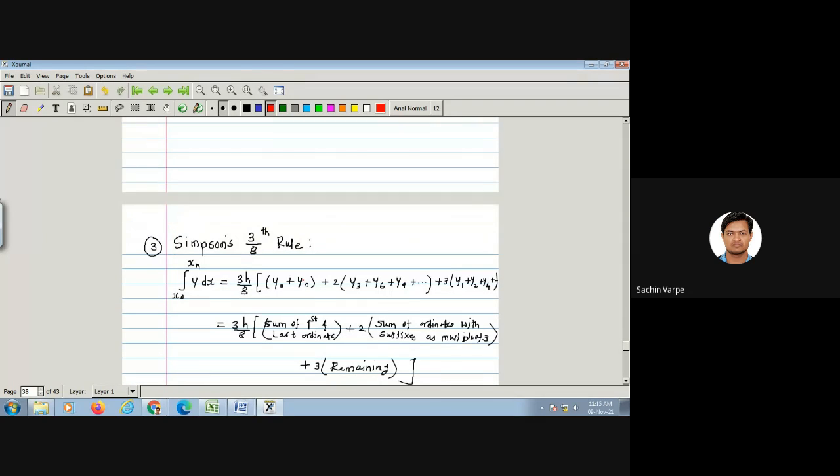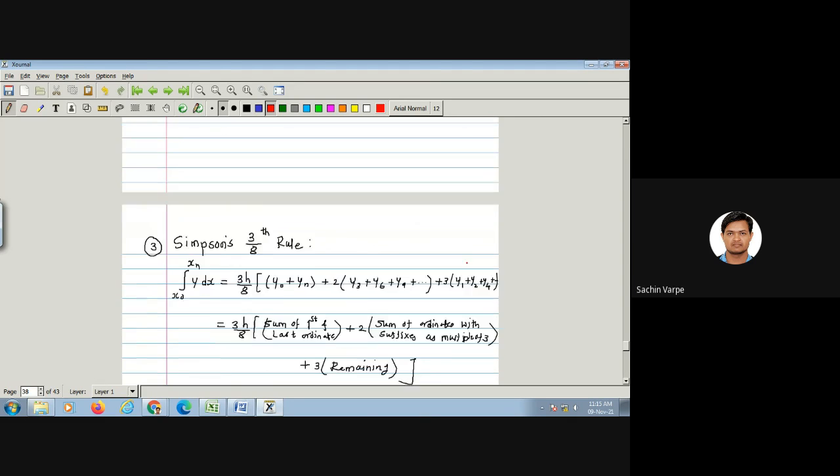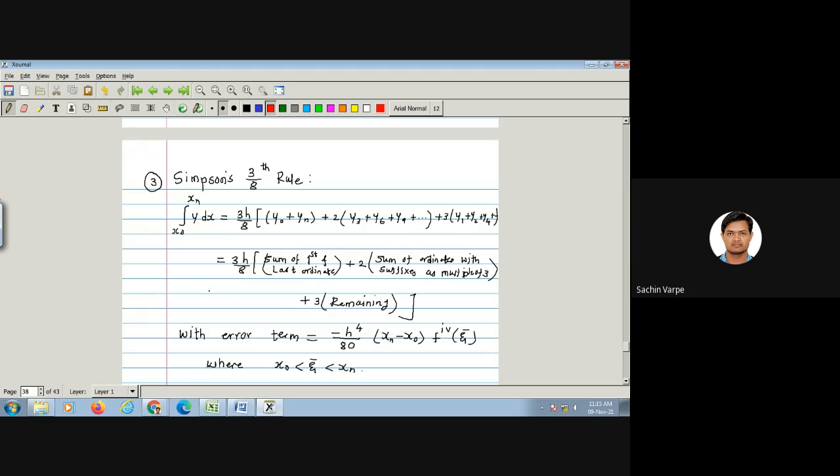Okay. Next rule of integration is Simpson's 3/8 rule. It is very similar to Simpson's 1/3. Instead of considering the proof of the formula, let me give you the formula directly.